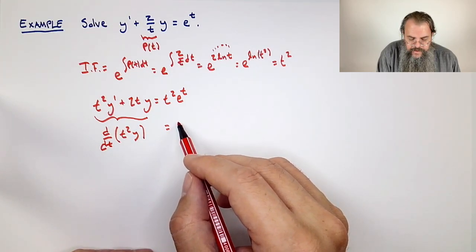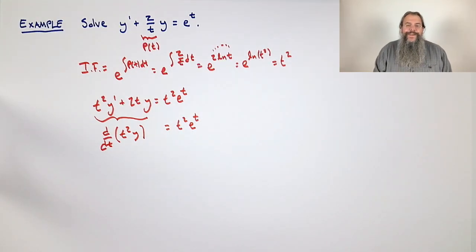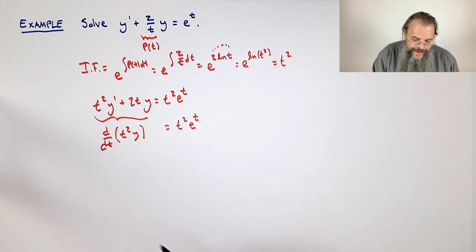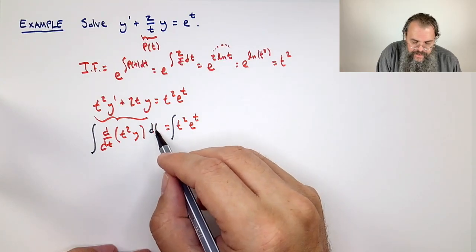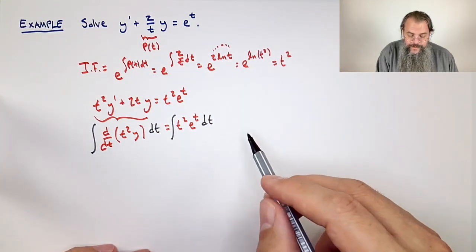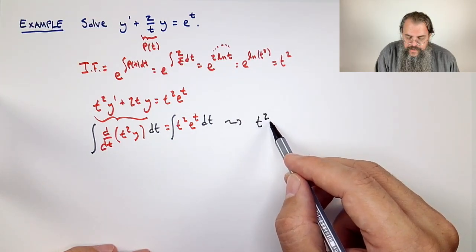And now we have, on the other side, this t squared e to the t. And we're saying, hey, wonderful. We've made great progress. We just need to integrate both sides. And as always, left-hand side, very straightforward. So we end up with our t squared times y.